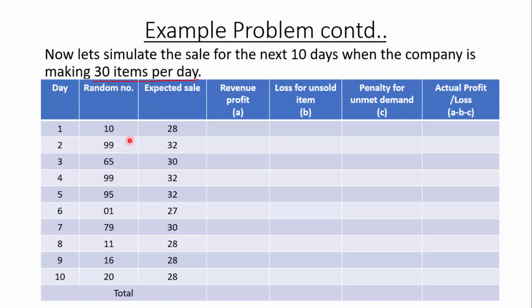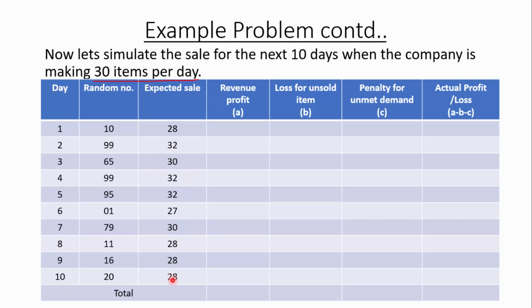This is the random number which has already been mentioned in the problem, and this is the expected sale. Now this is the value we have calculated in our previous table. So for random number 10 we will have the expected sale of 28 items. For random number 99 we have expected sale of 32 items. For random number 65 we have expected sale of 30 items, and so on.